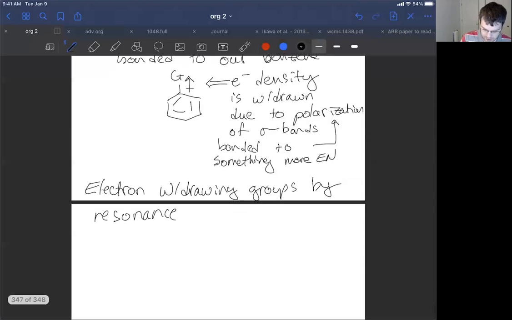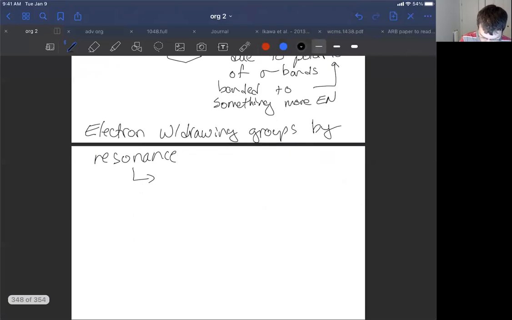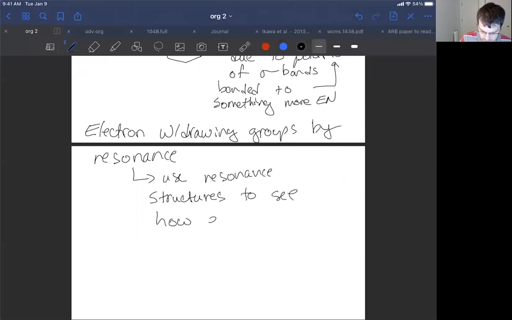It's through resonance structures again, so these are a little bit easier to work with. We can use resonance structures to understand or see how the electrons are withdrawn.